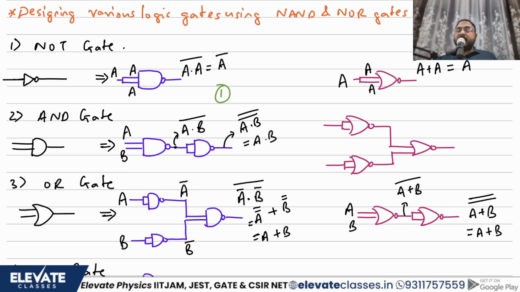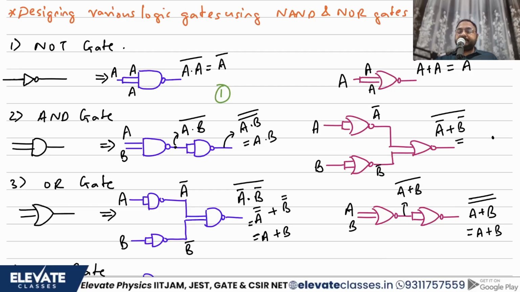Okay, now how can I make an AND gate using NOR gates? This kind of an arrangement. Let's check. There is an input A, there's another input B. This becomes A bar and this becomes B bar, right? There's a NOR gate in front, so let's use that. A bar plus B bar whole complement. Let's use De Morgan's law.